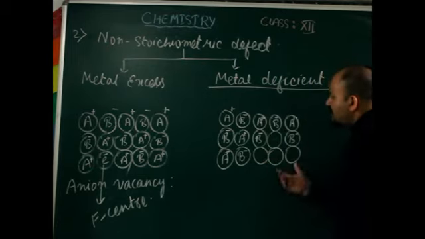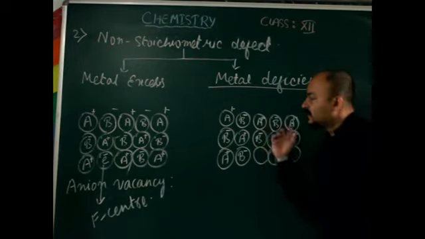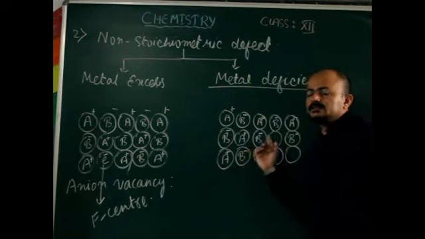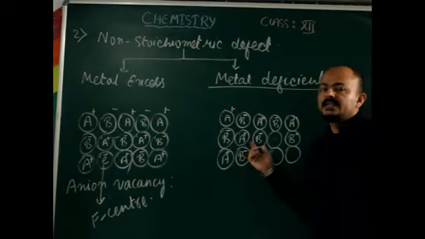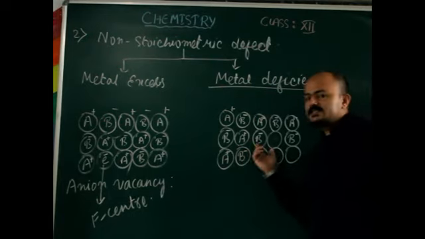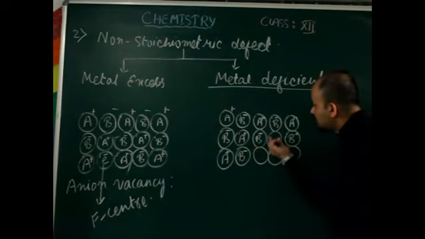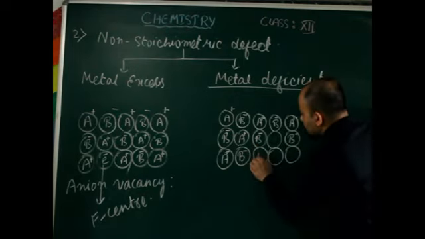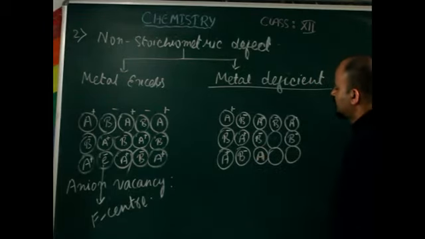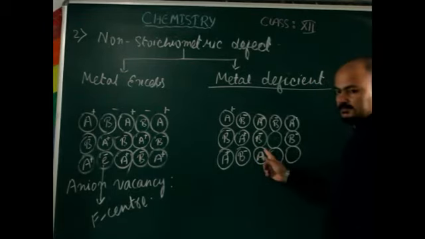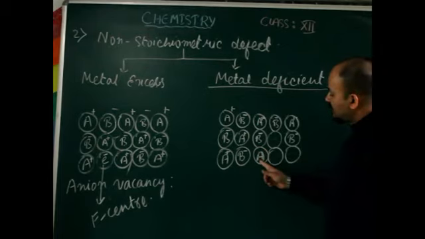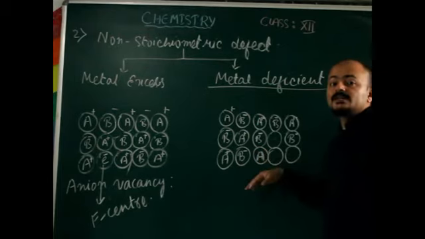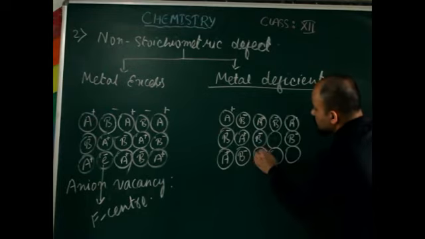Now to maintain the electrical neutrality of such a defect, what will happen? Its burden will be carried by the nearby positive cation. That means it was supposed to be A positive. Now what happens is, its oxidation state will be raised. Instead of just positive, it becomes 2 positive.